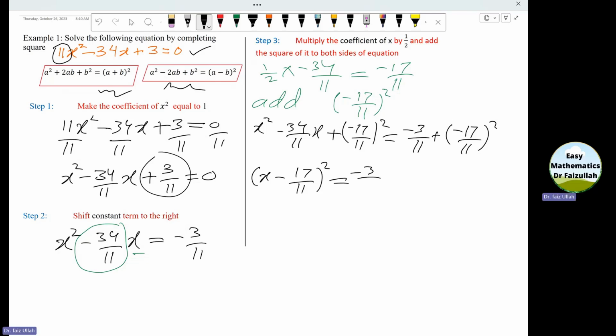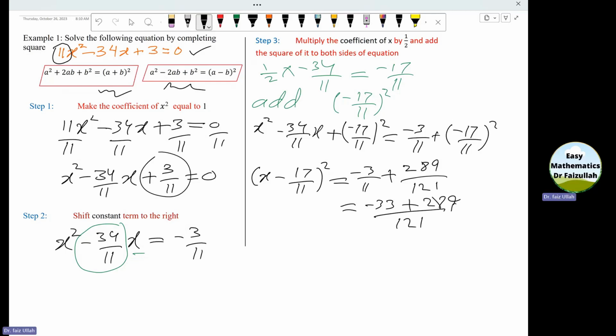minus 3 divided by 11 plus 17 square, that is 289, over 11 square, that is 121. And if we further simplify this, we have 121, and here we have minus 33 plus 289.